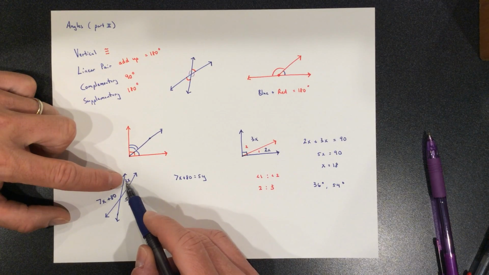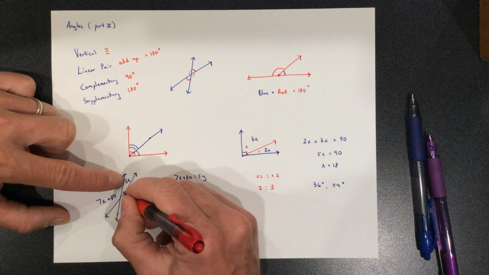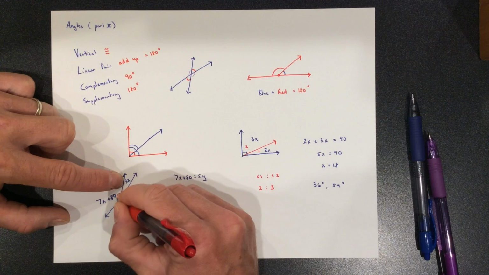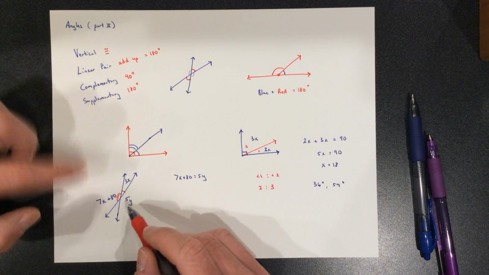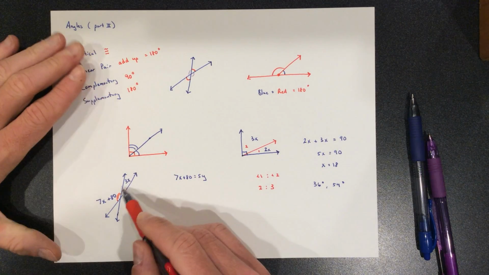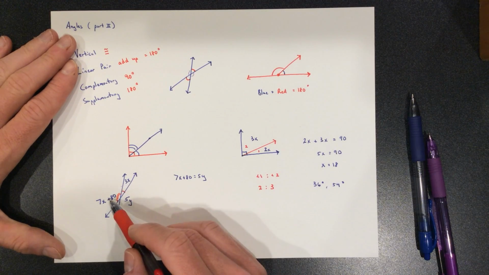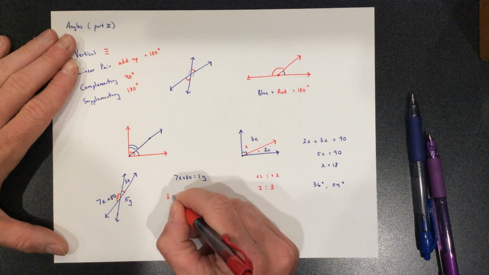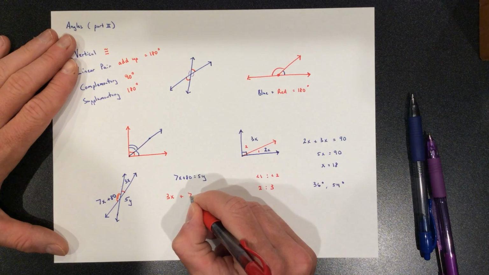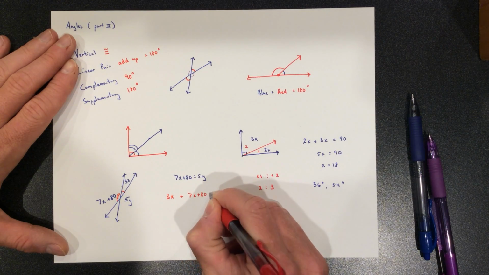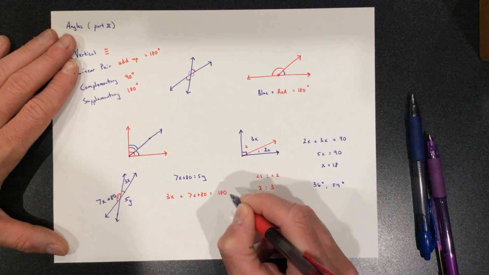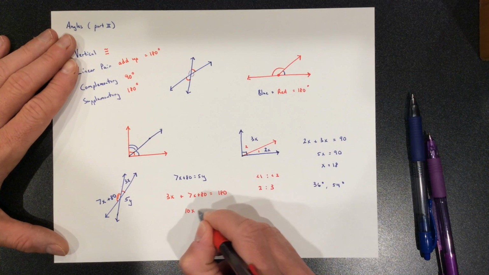So how is this angle related to that angle? Well, they're not congruent. They're not vertical like these two are, but they form a line, so you know they're a linear pair. So let's do 3x plus 7x plus 80 equals 180. This is 10x.